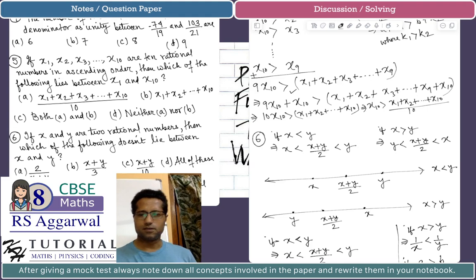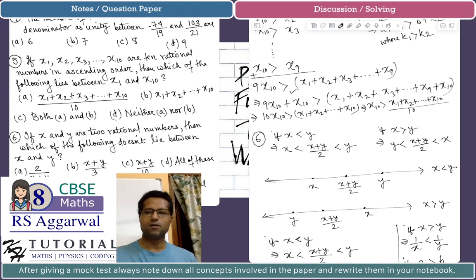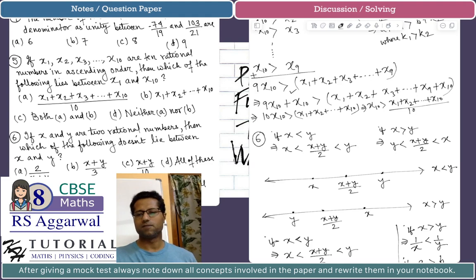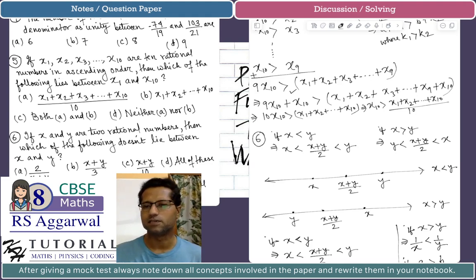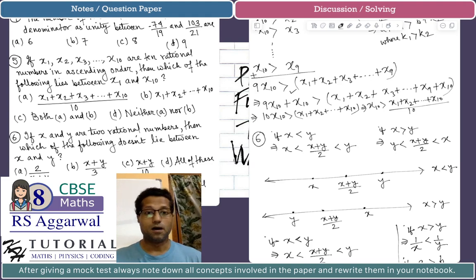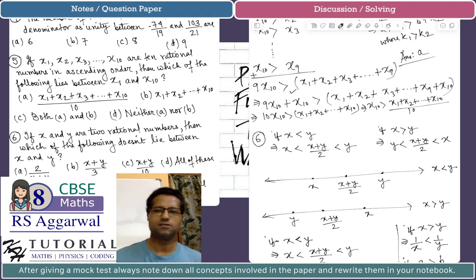This also means that (x1 plus x2 plus x3 up to x10) divided by 10 is less than x10. So it is proved that (x1 plus x2 plus x3 up to x10) divided by 10 is lying between x1 and x10. So definitely the correct choice is answer A. A is the correct choice.